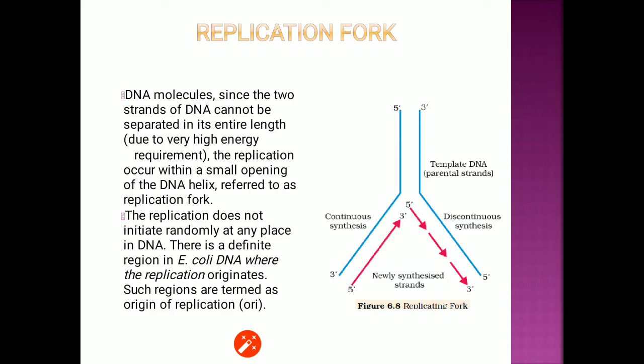And why is it termed as a lagging strand? Because here the polarity is 5' to 3', and the newly synthesized strand will also be synthesized in the direction of 5' to 3'.